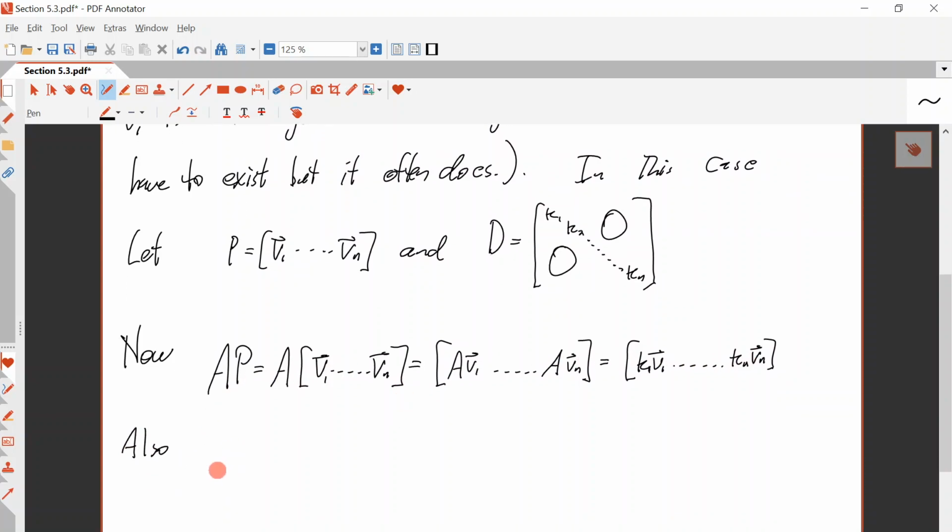Also, P times D, what does that equal? That is v1 to vn times this diagonal matrix over here.